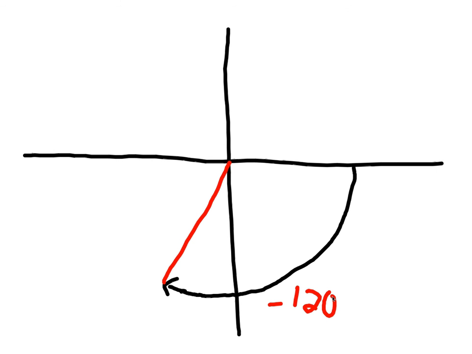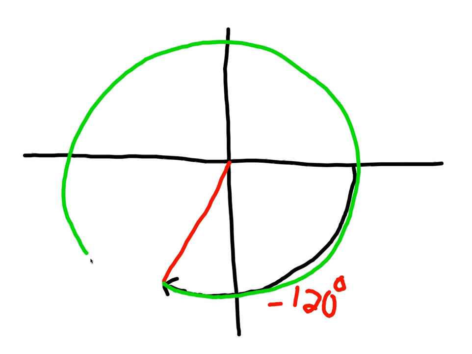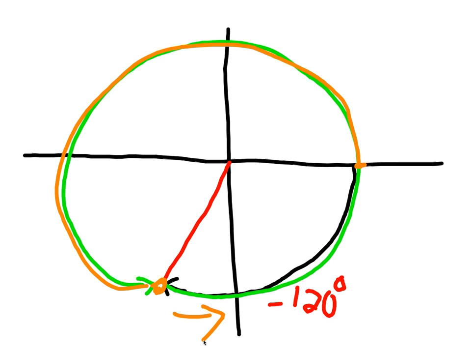Now, negative 120 degrees isn't technically on the unit circle, but if we add 360, we go a full circle around. We still end up at the same point, but now we're talking about a positive angle, basically from here all the way to here. Now what is that angle? Well, we're 30 degrees short of 270, so it's 240.